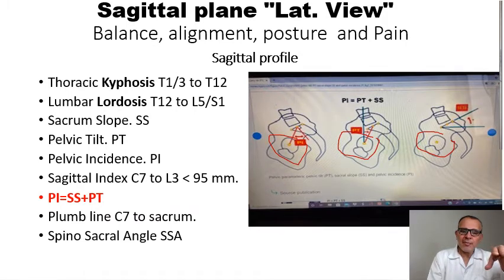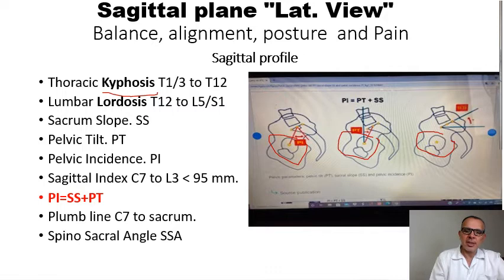So on the lateral view and our sagittal parameters, of course, we know the status of kyphosis, lordosis, sacral slope, pelvic tilt, pelvic incidence. Then we do our measurements, and as a matter of fact, there is a lot of software now that allows you to analyze the X-ray, both on the AP or PA view and the lateral view, very simply.